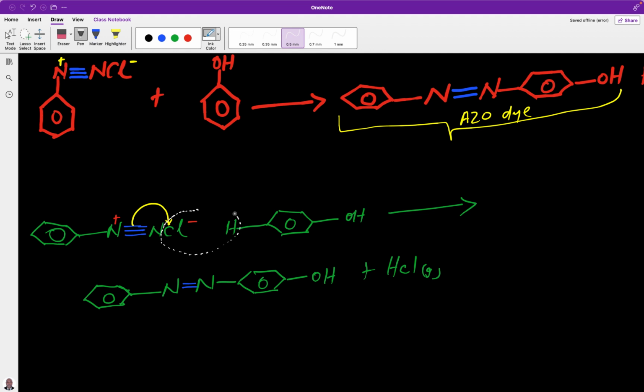That is the source of the hydrogen chloride gas. As you see it like that.